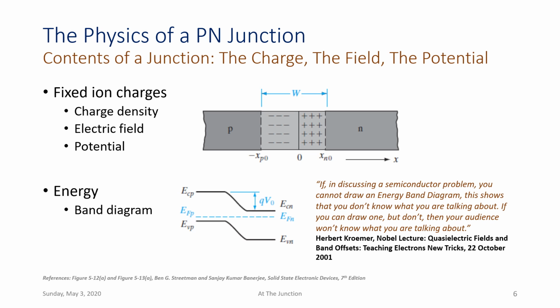So what are the contents of a junction? If we explore carefully, once we form a PN junction, the mobile carriers would travel close to the junction, cross over, and form fixed ions. These fixed ions form on the P side and the N side.